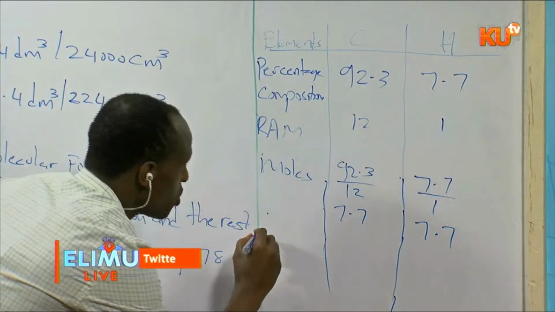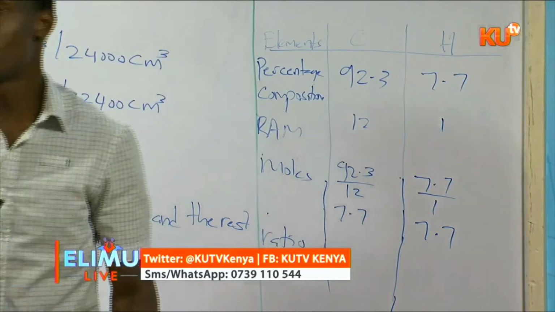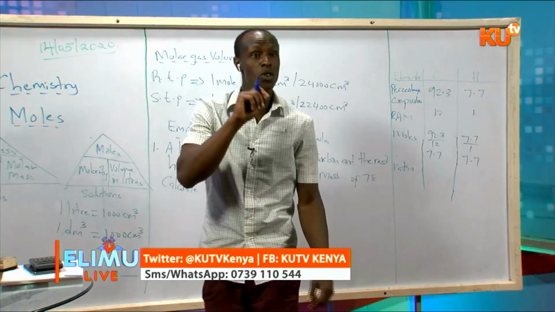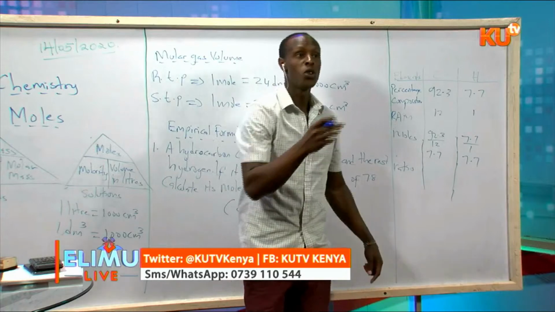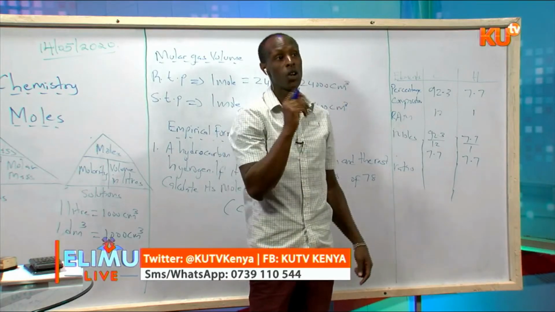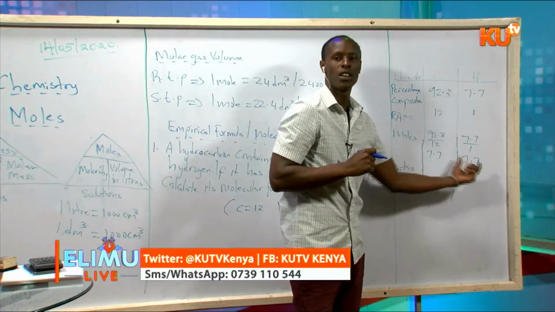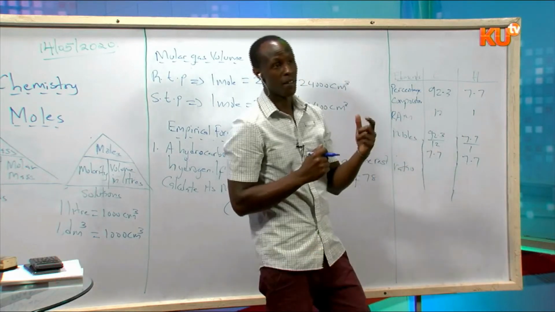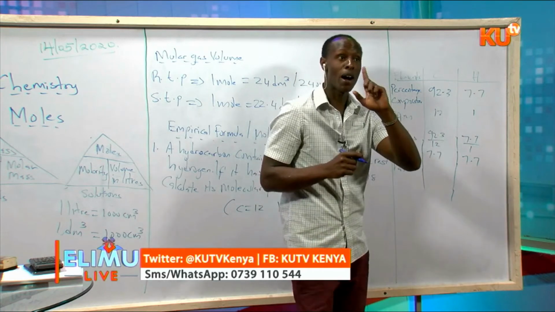Then the last step, now you get the ratio. Remember, empirical formula and molecular formula should be in whole numbers, not decimal numbers. So to get the ratio, you divide both moles by the lowest number of moles. So this is 7.7 and 7.7, you divide both by 7.7, the lowest number of moles.